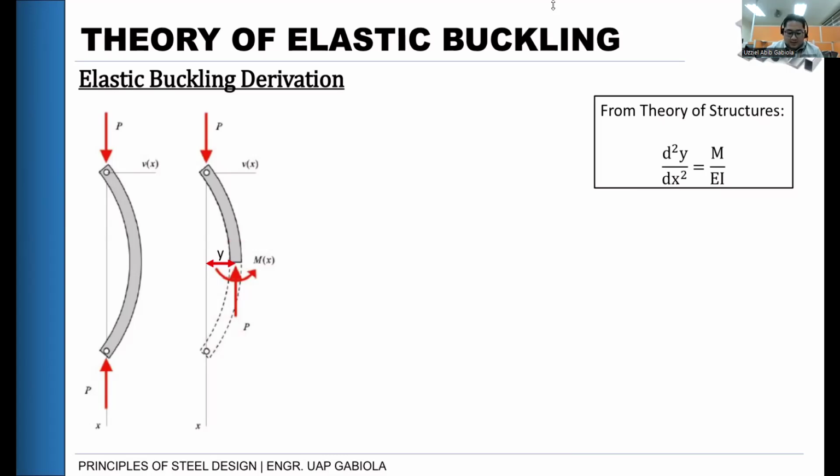So let's say, yung sa cut section natin, tawagin natin itong point na to as point O. Okay? So when we try to take summation of moment at that point, okay, so ito yung ating free body diagram. So summation of moment at O is equals to 0. Let's say we take lahat ng magmo-moment dun sa point O natin counterclockwise as positive. So ang una mag-rotate is itong P na to. Okay, and then magta-travel siya ng y.